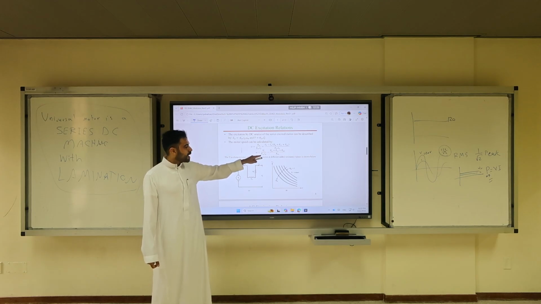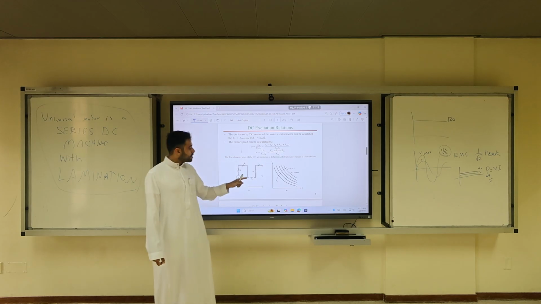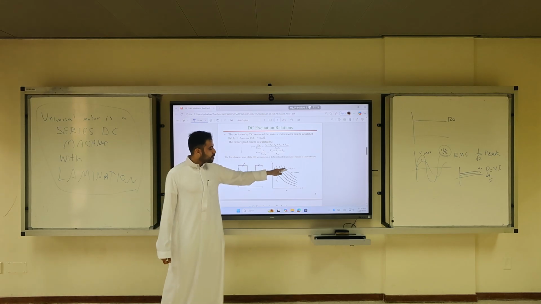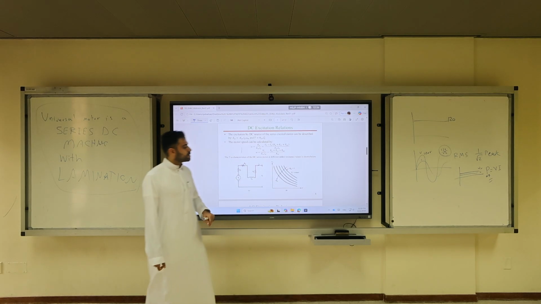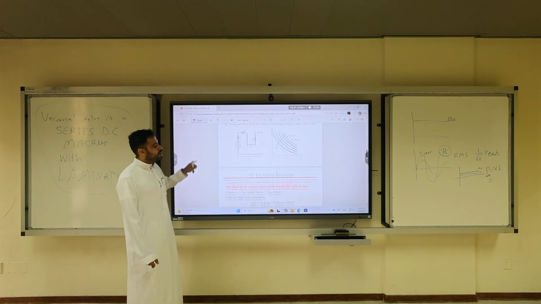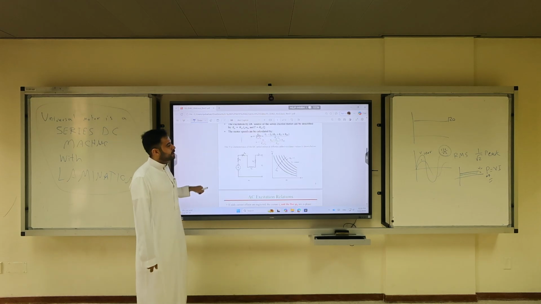It's V_T over K I_A minus the summation of the resistance. If you had a variable resistance R_AE, if you increase it, you can reduce the speed and torque. You can operate at a different speed and torque. So I'm not going to talk about the DC part. Let's see what will happen if you apply AC in the series DC motor with lamination.